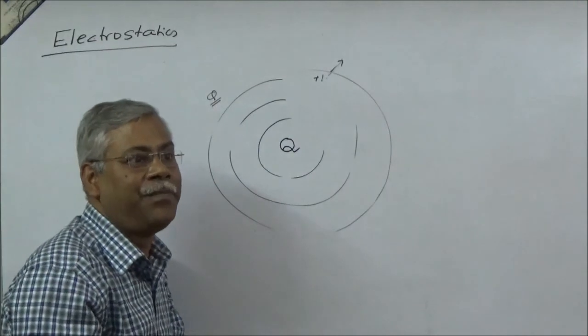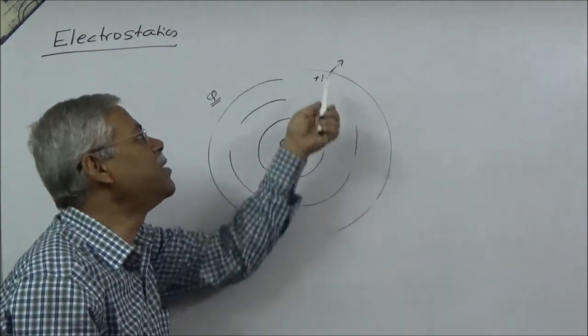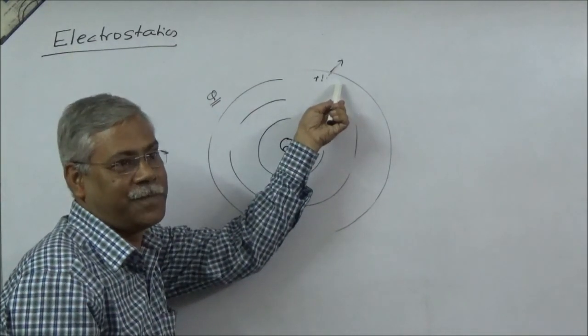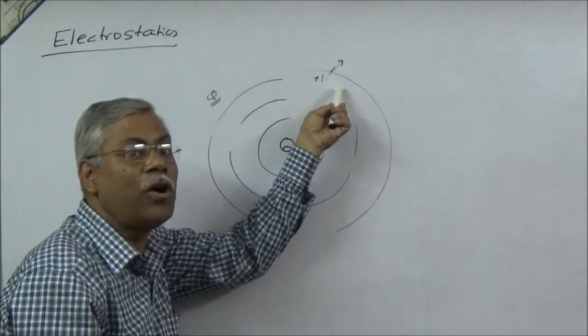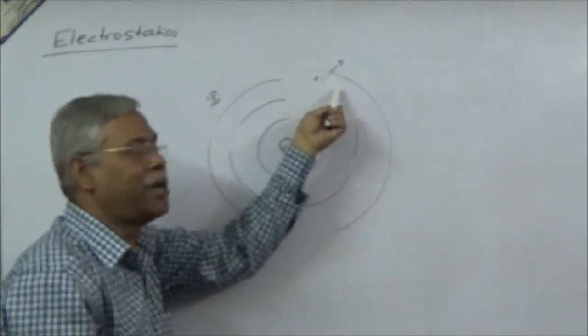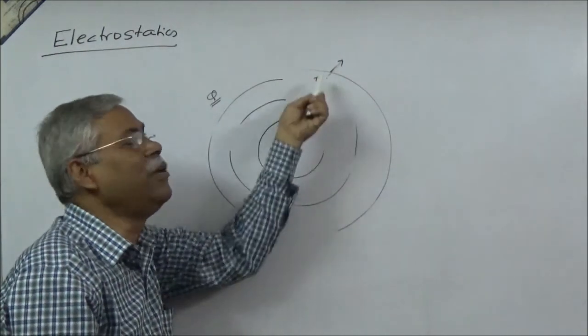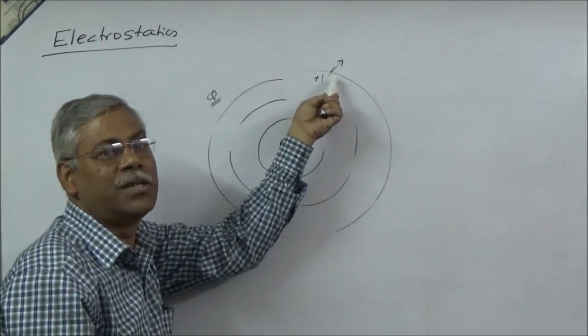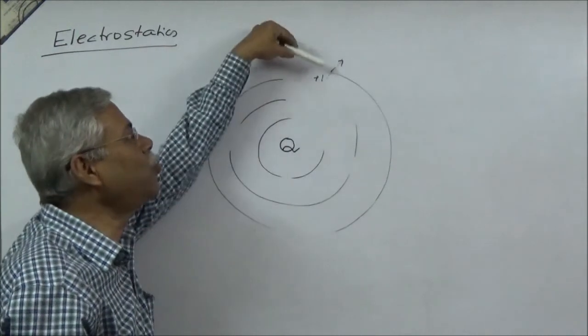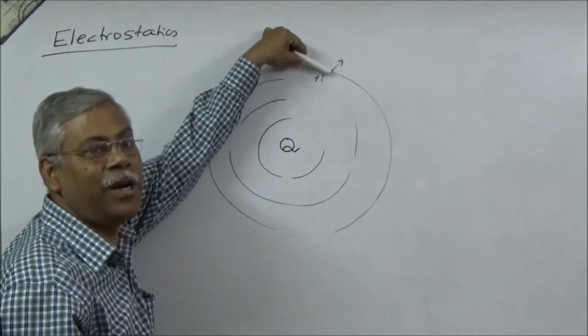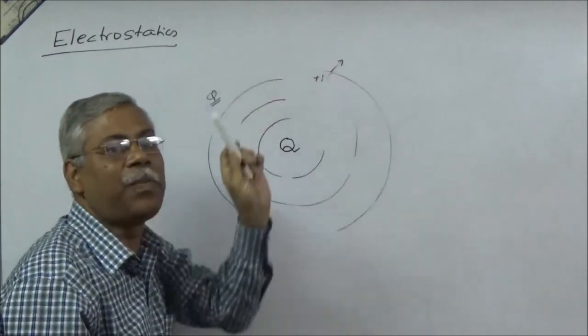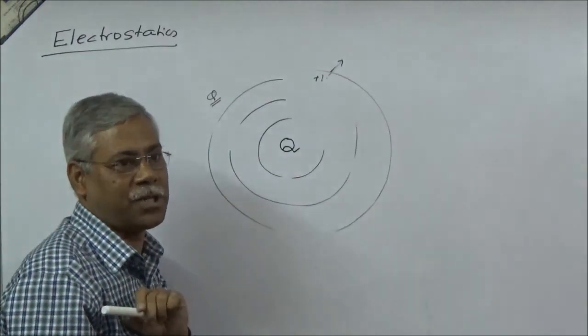Now we are in the process of measuring the electric field at a point. How strong is the electric field at this point? For that, you will place a +1 charge at the given point. Suppose you are to measure the electric field at this point, here you will place a +1 charge, unit positive charge.